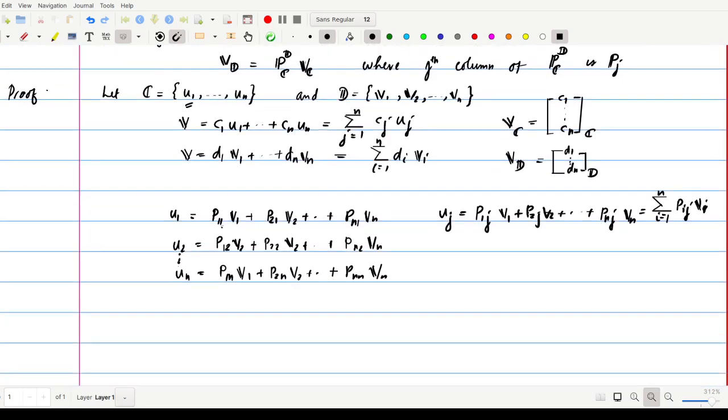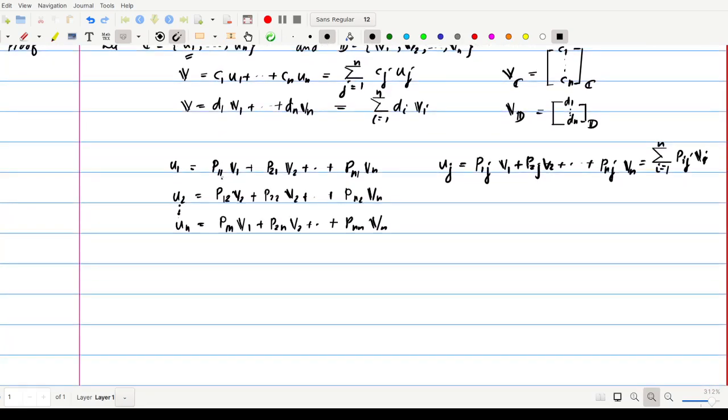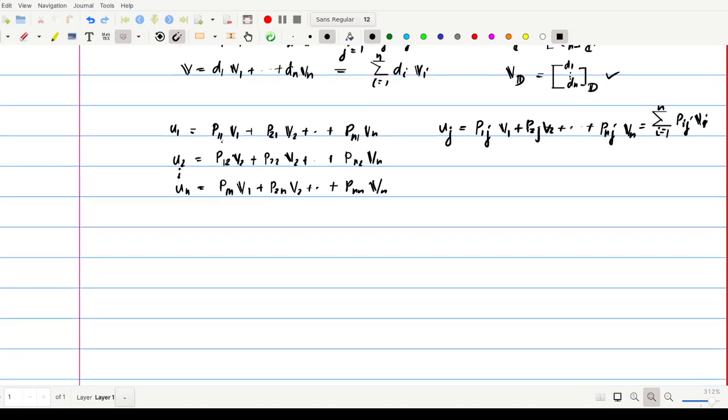Now we have to connect these two things, the coordinates of v relative to c and the coordinates of v relative to d. In order to connect those two quantities, from u1 we can write the coordinates of u1 relative to the basis d, because v1, v2, vn are elements of d.